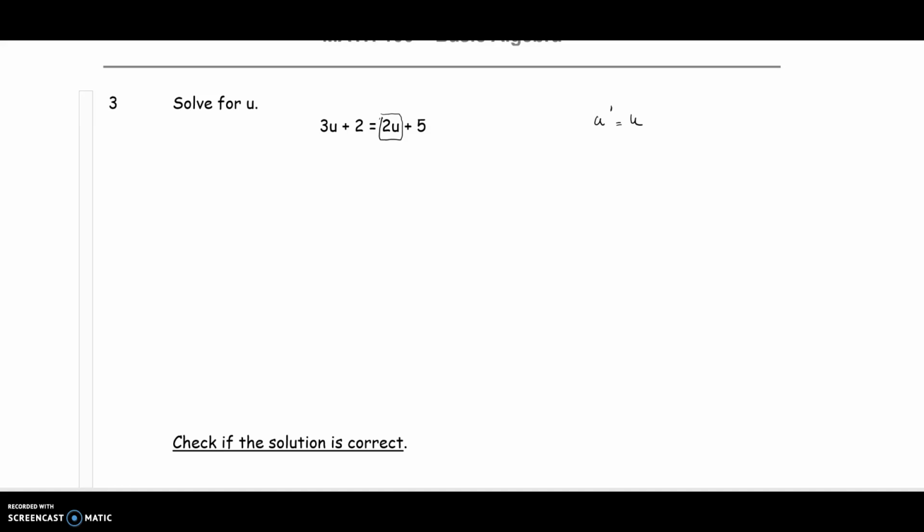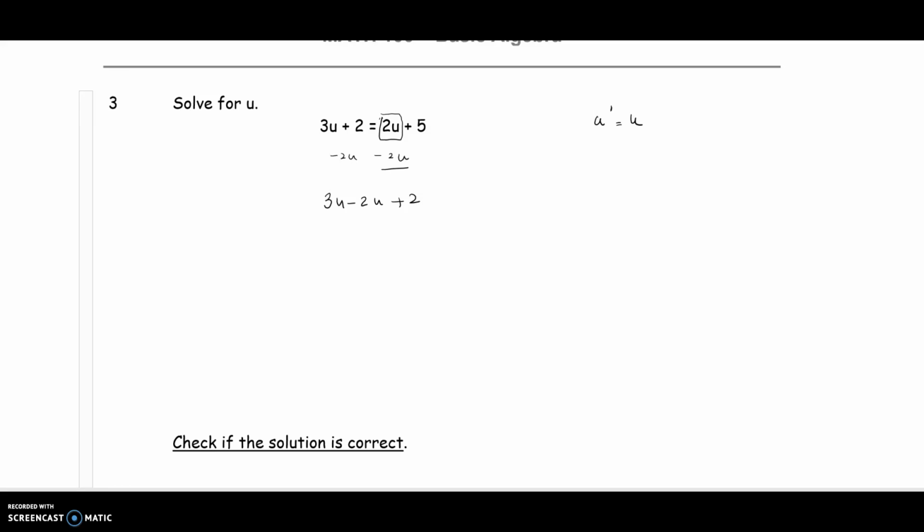The only way we can get rid of 2u is by subtracting 2u on both sides of the equation. It has to be on both sides. Whatever you do on the right, the exact same thing is done on the left. So when we do that, we have 3u minus 2u plus 2.